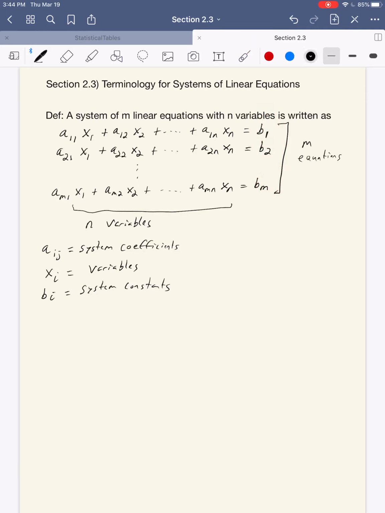All right, one special term that is very important is that if b1 equals b2 all the way down to bm, and all of those are 0, so every equation in this format is equal to 0, then the system is called homogeneous.